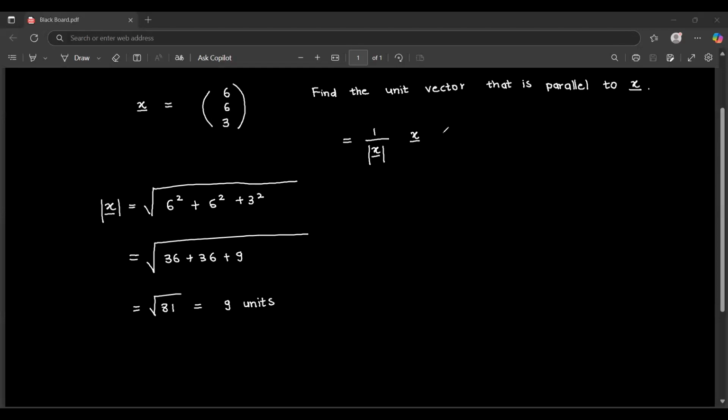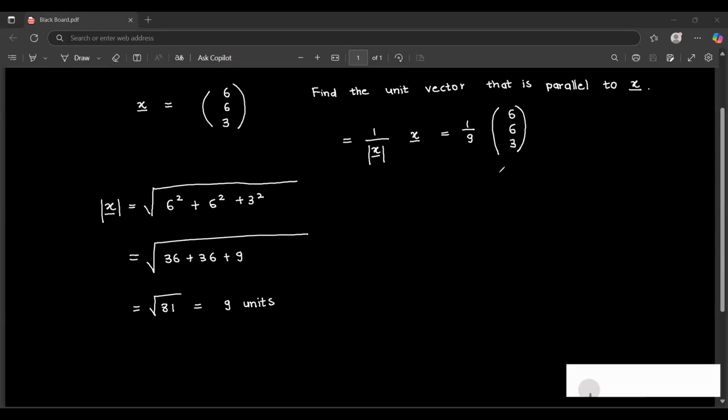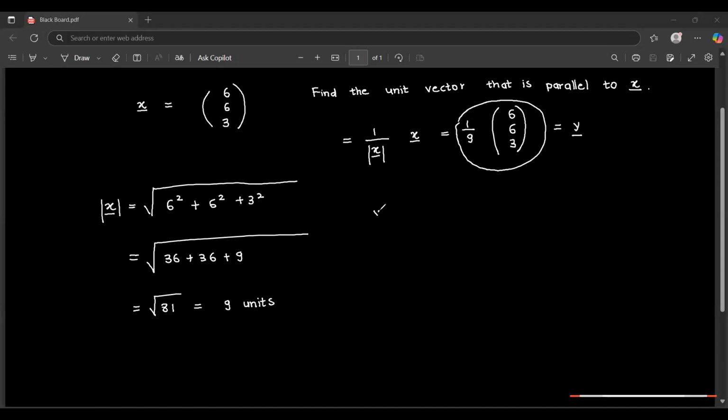So what do we have here? This will be equal to 1 over 9 times the vector (6, 6, 3). This is how you apply the unit vector equation when you need it. Let's verify whether this is correct. Let's say y is the unit vector that is parallel to x, so y is 1 over 9 times (6, 6, 3).